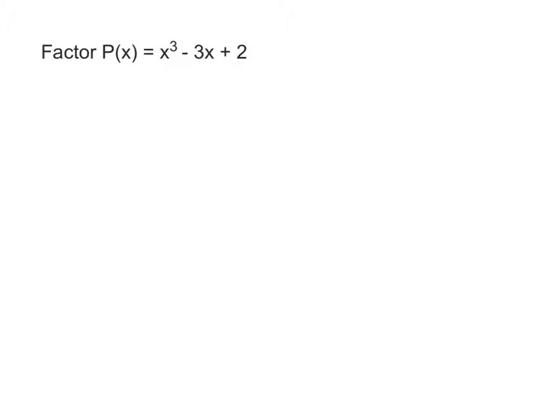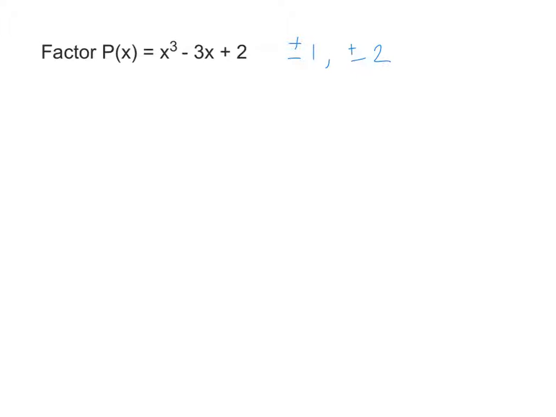Here's another one. I'm going to get you started, and then I'm going to let you work on it. Let's look at what the potential zeros are to start with. 1 and 2, right? So positive and negative 1 and positive and negative 2 are the potential zeros.